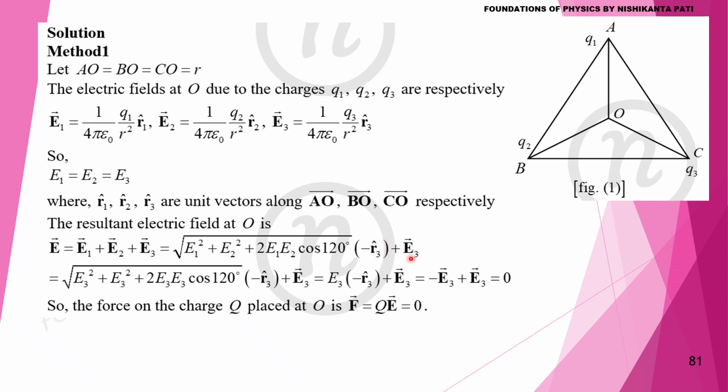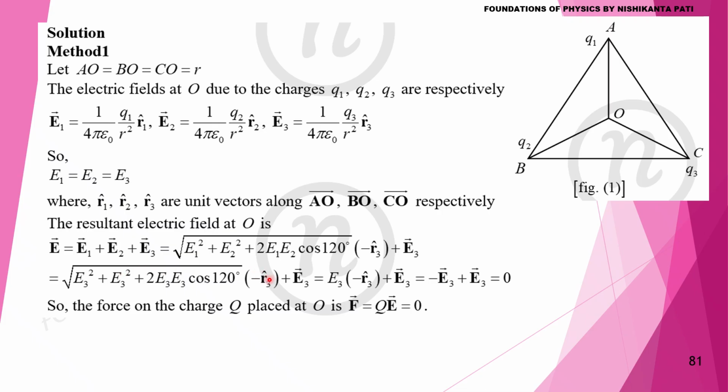Then E3 vector. You know E1, E2, E3 magnitudes are the same. So this becomes E3 square plus E3 square plus 2 E3 square cos 120, along minus R3 cap, and E3 vector. Cos 120 is minus half.